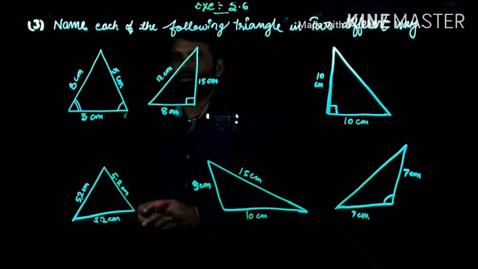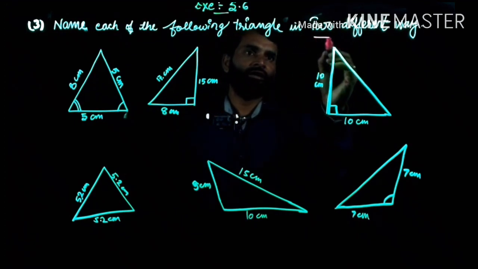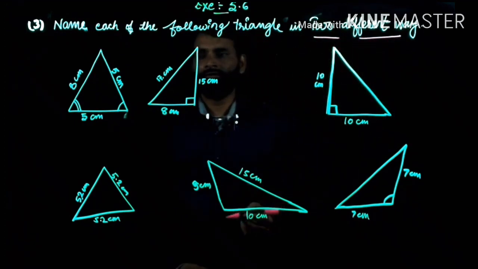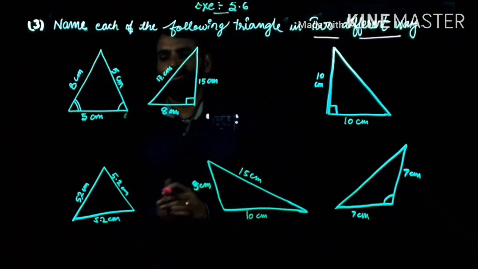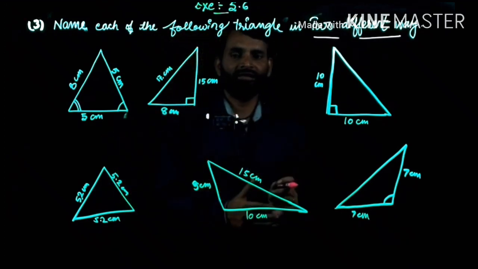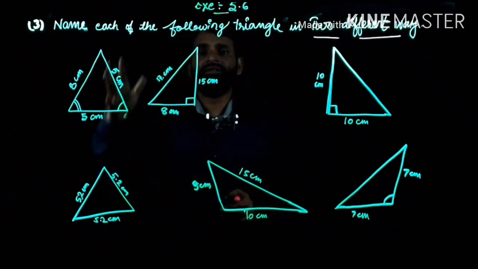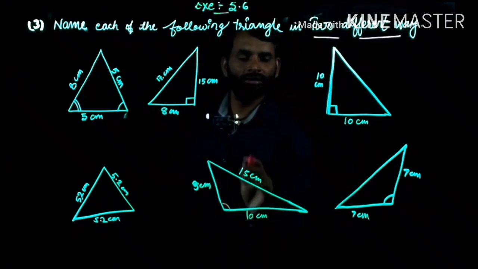The third question: name each of the following triangles in two different ways. Two different ways means first you write the name based on sides, and second the name based on angles. There are 6 triangles given, with sides and angles marked on the triangles.